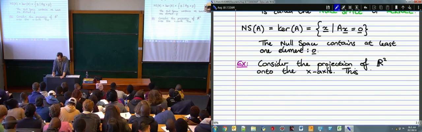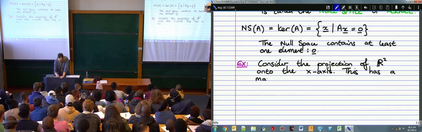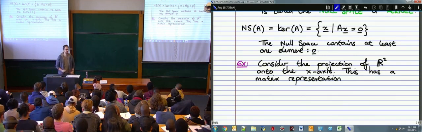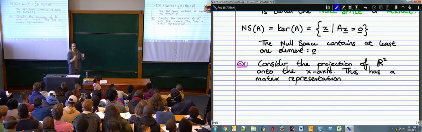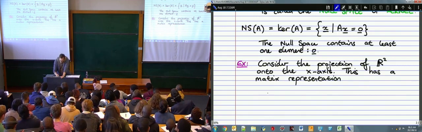This has a matrix representation. And you should have seen last year that projections are a linear transformation, along with things like rotations and reflections and so on. This has a matrix representation.